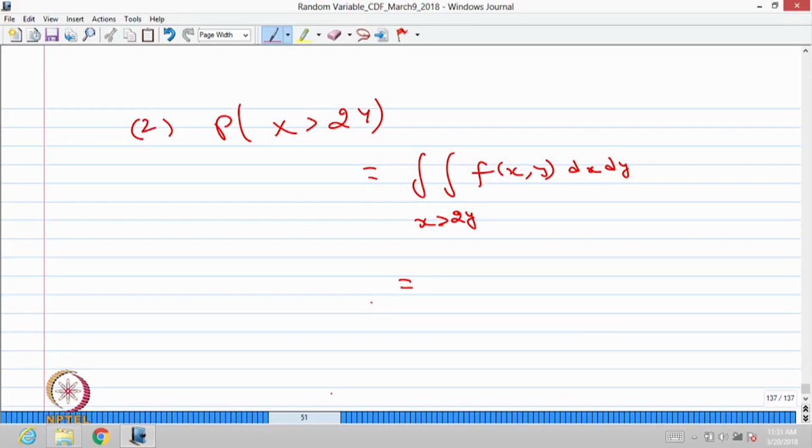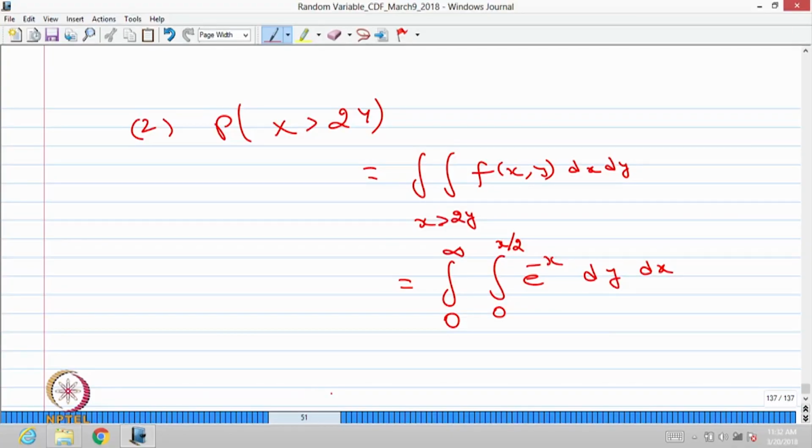That is the same as the double integration of the function e power minus x with respect to y from 0 to x by 2, because x is greater than 2y, so the range of y is 0 to x by 2. The range of x is from 0 to infinity.